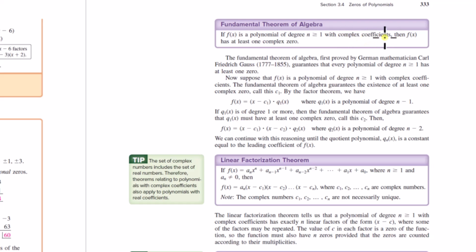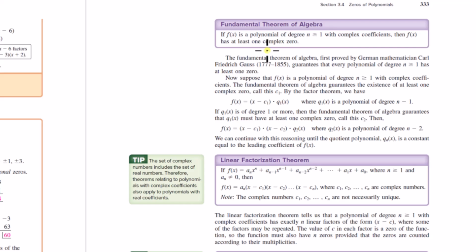It's just any kind of number, then f of x has at least one complex zero. And this is kind of confusing too, because are they talking about an imaginary number? No, this includes anything. This includes real numbers. It's any zero because they're including a real number as complex for these theorems here.